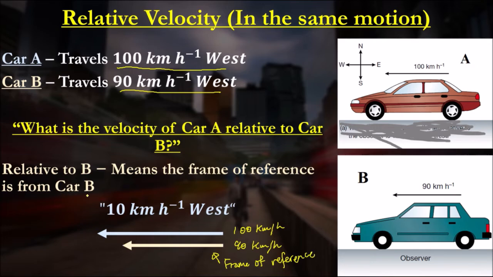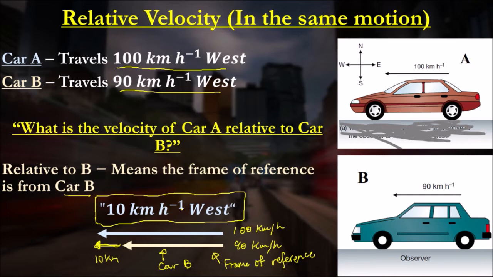So according to car B, which is this arrow down here, it's still trailing car A by about 10 kilometers after 1 hour. Okay? So if it's trailing car A after 1 hour by 10 kilometers, that means, according to car B, car A is moving 10 kilometers per hour west faster than car B. So that's how we could say that.